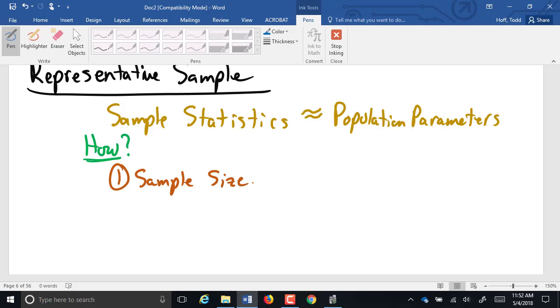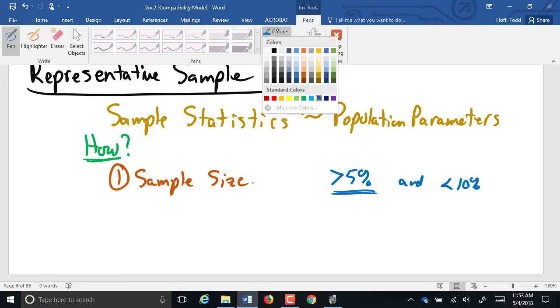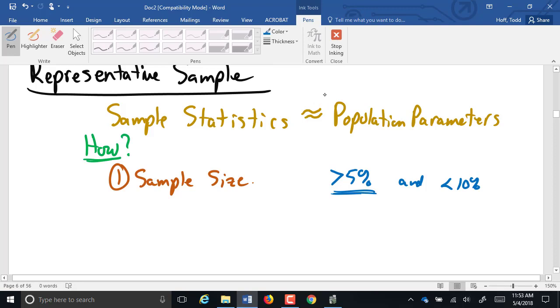Statistics has a couple of different schools of thought. And so for many of these, there are 2 or 3 different interpretations that can be used. One of the big ones for sample size is that it should be more than 5% and less than 10% of the population. More than 5% is put out there so that it's big enough that there's a good chance we got people from all groups.